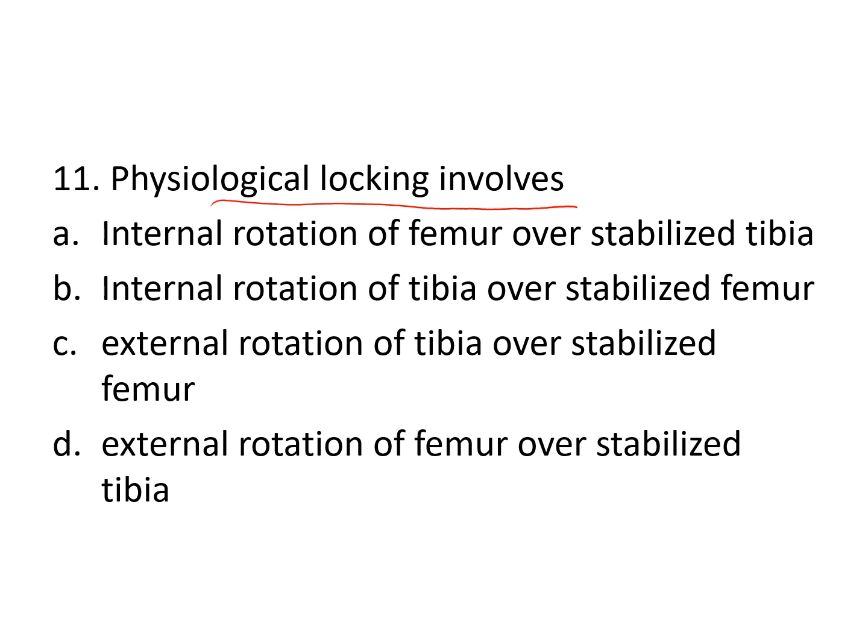Physiological locking involves. What is this physiological locking? When your foot is on the ground, locking means movement of the femur over the fixed tibia. When your foot is not on the ground, physiological locking means lateral rotation of tibia over the fixed femur.